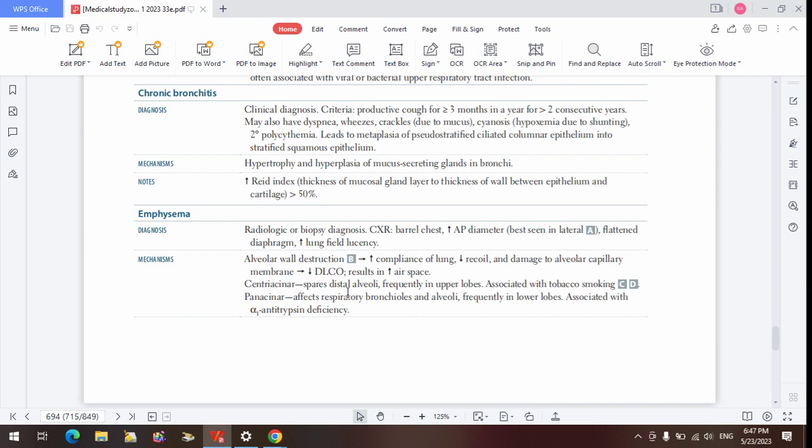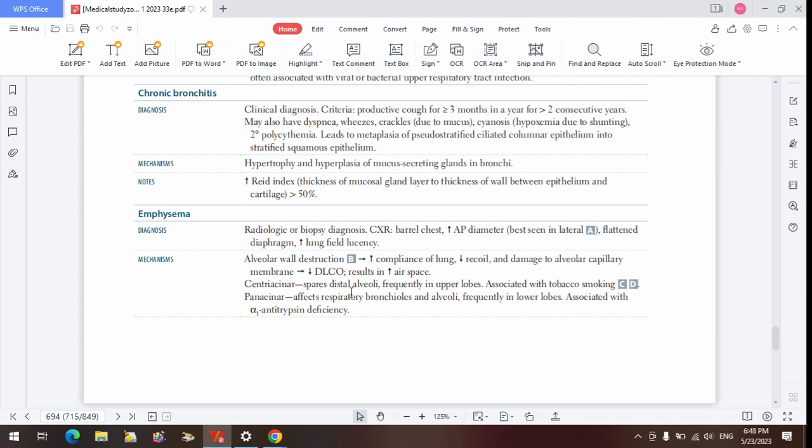Because we've said that carbon monoxide is diffusion limited, you guys remember, if there's anything affecting that respiratory membrane, it will affect the uptake of carbon monoxide from the alveoli into the capillaries. So the diffusion capacity for carbon monoxide reduces.